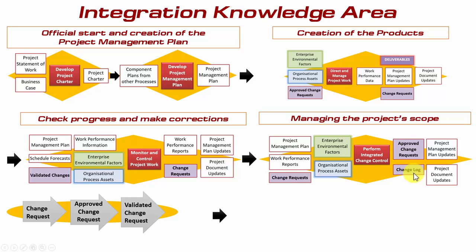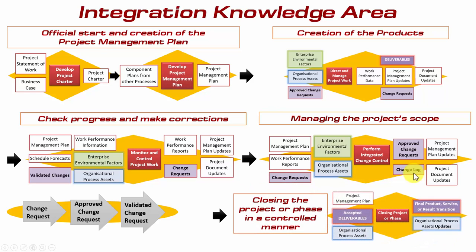The final process, which we're not too interested in for the purpose of this video, but to include it, is during the closing process group, the closing the project or phase. This is where the accepted deliverables are input, and the output of the closing project or phase is the final product, service or result is transitioned to its relevant customer or operational area.